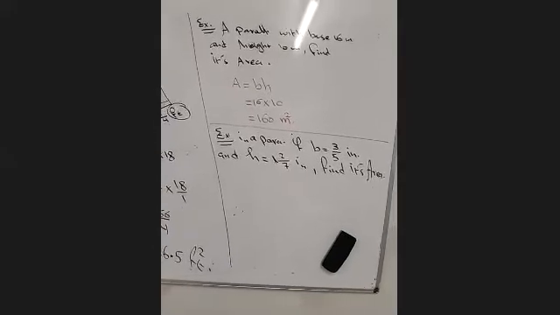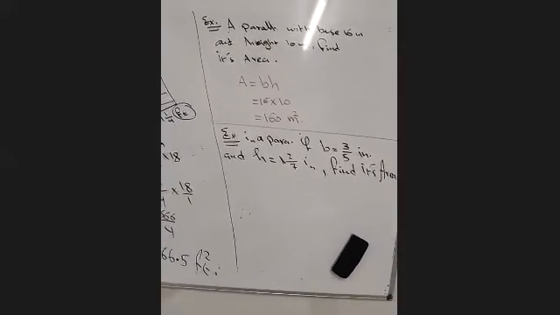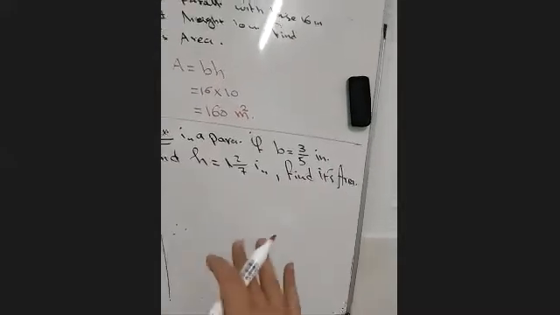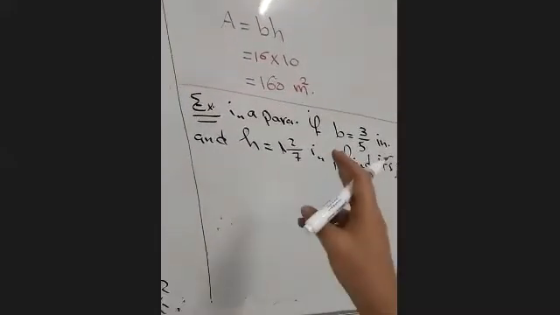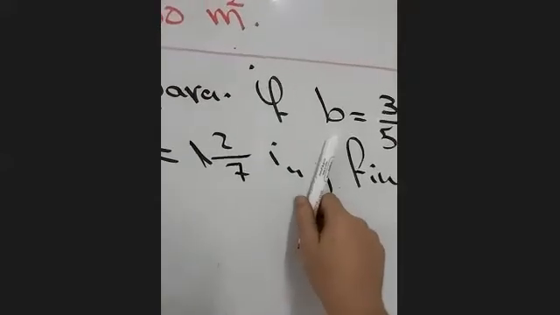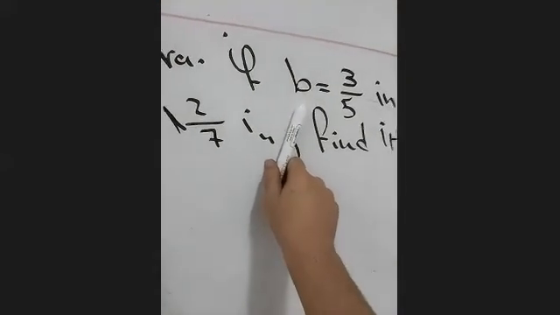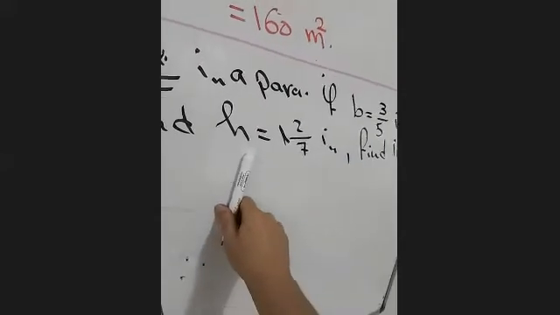Yousef, read. In a parallelogram, if B is 3/5 and H is 1 and 2/7, what is the area? What's B? First, write what's B. I'm asking you. B as base, and H, height.